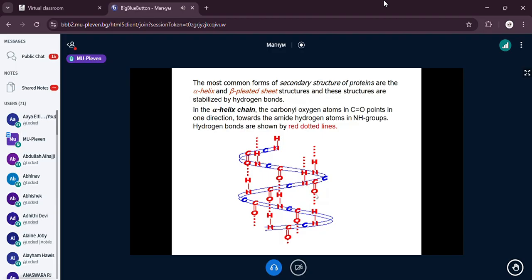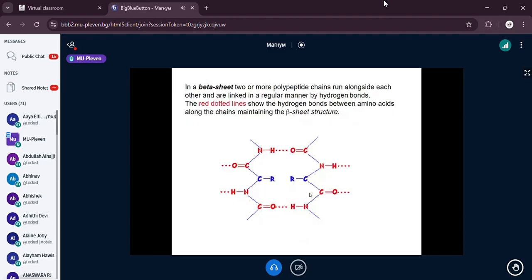What is amide group? You will study amide group later. This is CONH group. And also such hydrogen bonds exist in beta sheets between amide groups, this CONH group, properly orientated to each other.